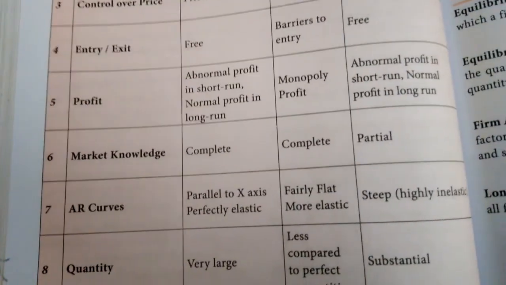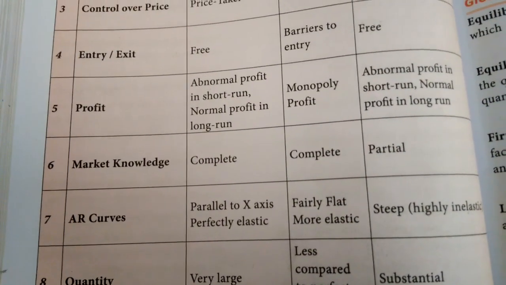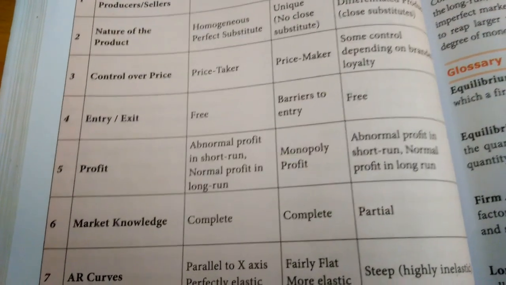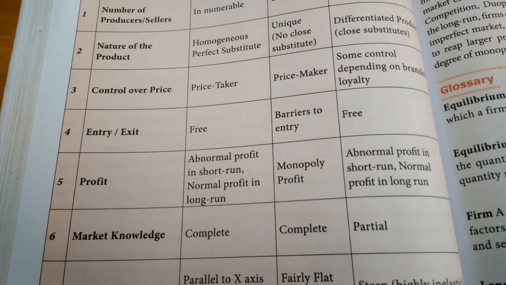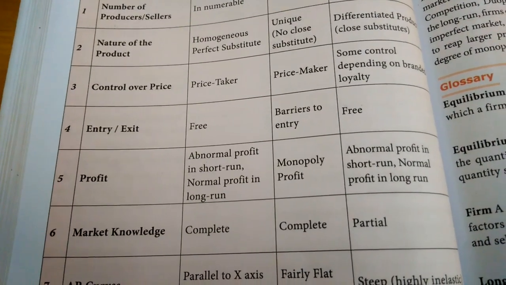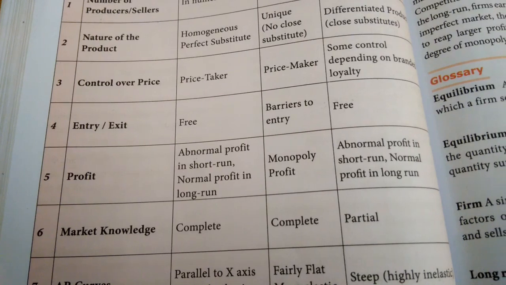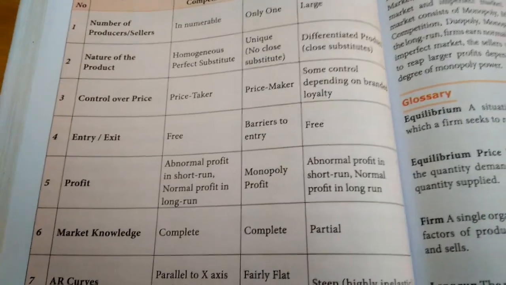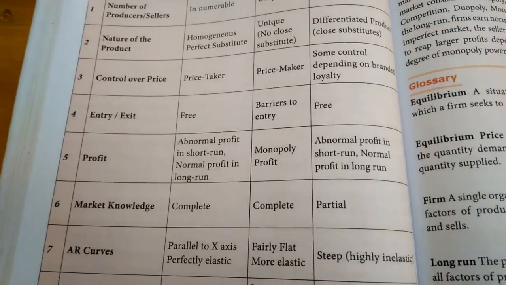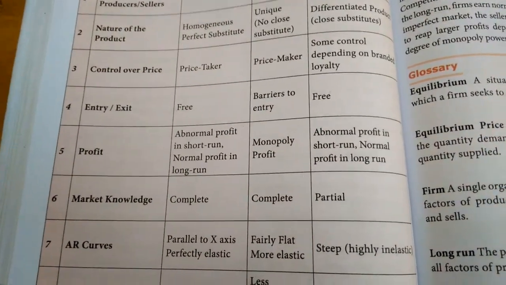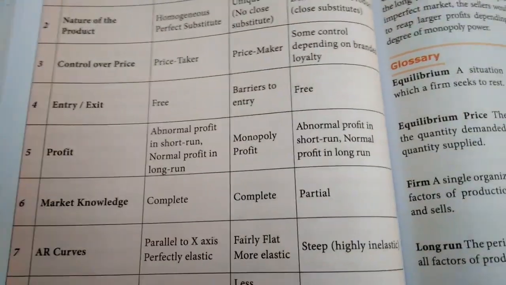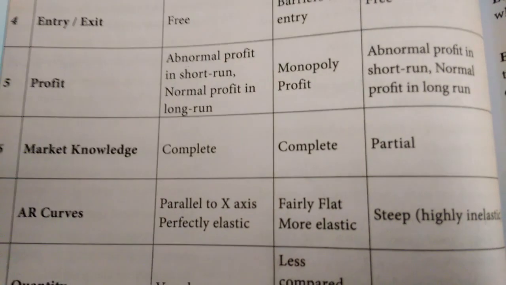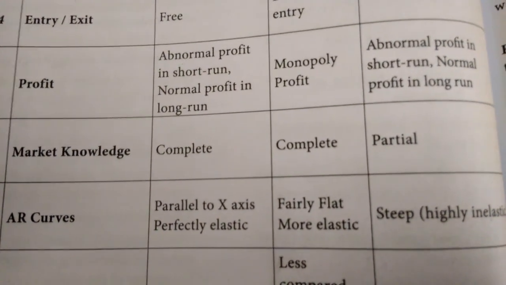Next, market knowledge. How much market knowledge is there in perfect competition? Complete market knowledge will be there. Both buyers and sellers have complete knowledge about the market and their product. In monopoly also, complete market knowledge will be there, because if anyone approaches the monopolist, both buyer and seller have complete knowledge of the product and the market.